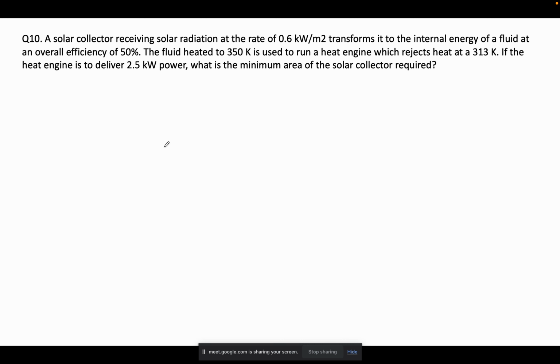Okay, so what happens is that there is a solar collector. So this is my solar collector. It has some area, say this area is A, let us assume, because we have to find the area of the solar collector. It gets heat at the rate of 0.6 kilowatt per meter square. Now it transforms this amount of heat to internal energy of the fluid at an overall efficiency of 50%.